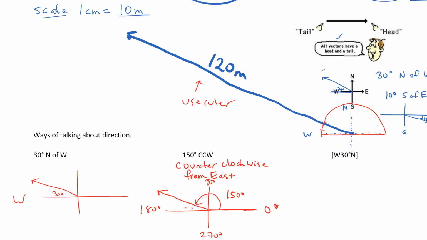It's the same direction. This one's a bit obscure, and just in case you encounter it from looking online or other textbooks, this is point yourself west, then rotate 30 degrees towards north. So in other words, if this is west, look west first, and then go 30 degrees towards the north. So all these three are exactly the same. They're just different ways of talking about it.